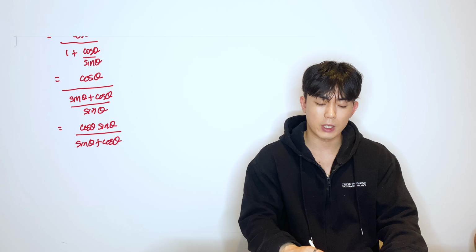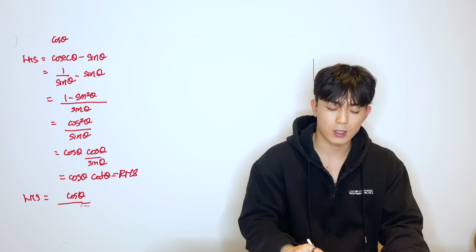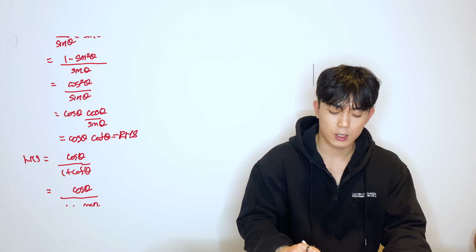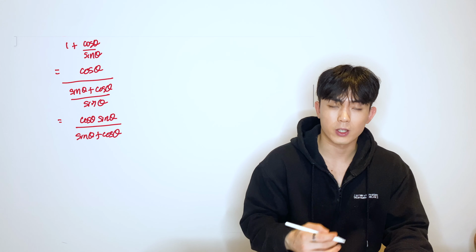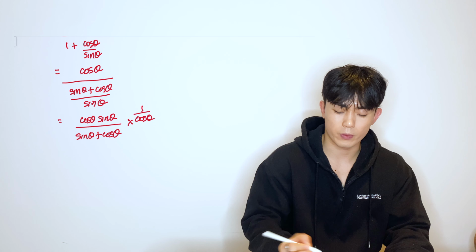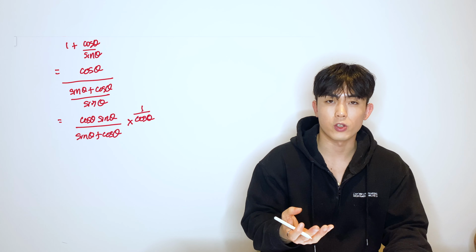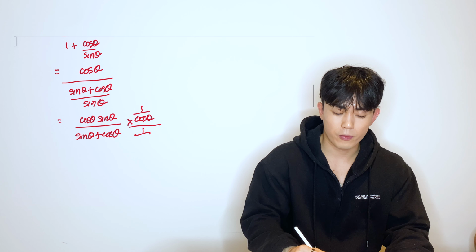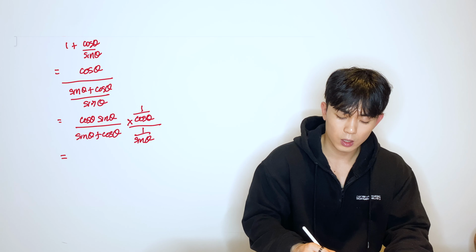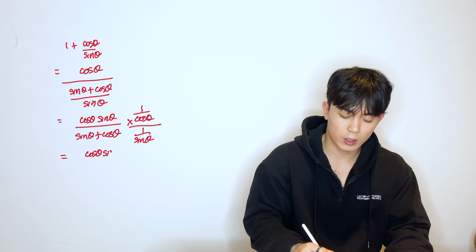Right, from here, you have to now see what we're trying to make, right? So they're asking us to try and make it into sine over 1 plus tan. So we want to ideally make this numerator into sine, and the way we can do that is actually to multiply it by, or divide it by, 1 over cos. That way we're left with sine in the numerator, right? Which means we should do the same thing for the denominator as well. So we're going to have cos theta sine theta over cos on the numerator.